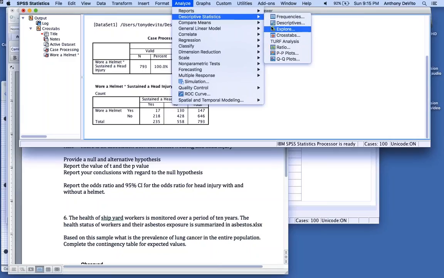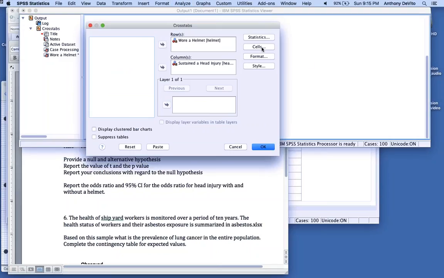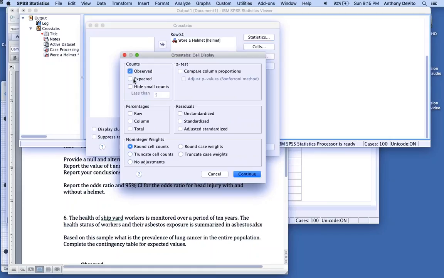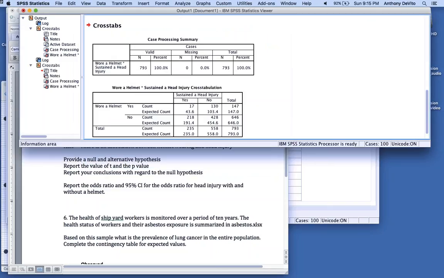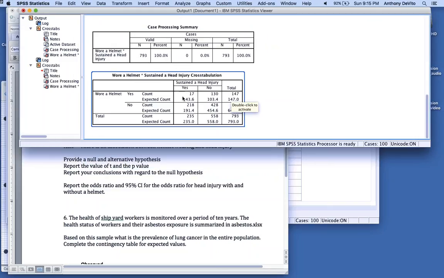I'm going to go back in the crosstabs and cells, and I'm going to ask it to give me the expected values. Okay, and I'm going to click OK. SPSS calculates what we would expect to see if the rate of injuries were the same in people that wore a helmet or people that didn't wear a helmet. So let's take a look at this.